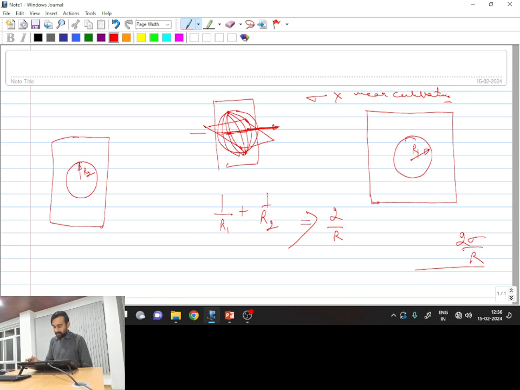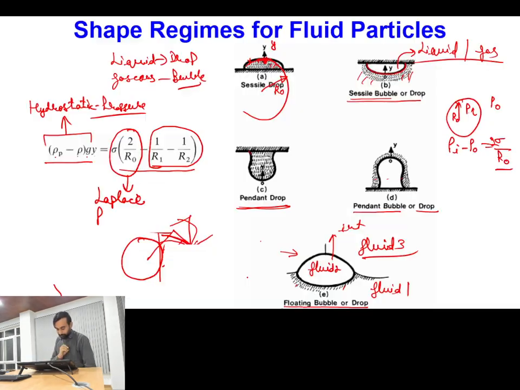So what I am saying is this 2 sigma by R naught corresponds to point O, the radius of curvature at this point. Because with reference to this point, I am calculating the hydrostatic pressure.